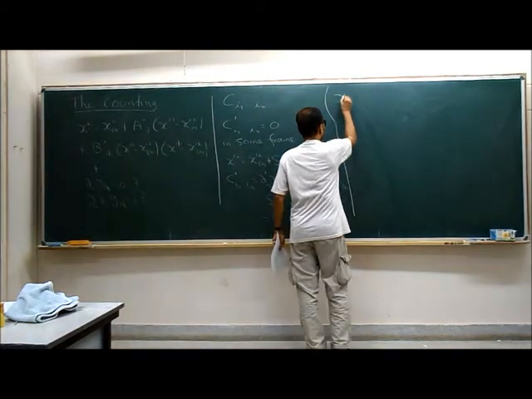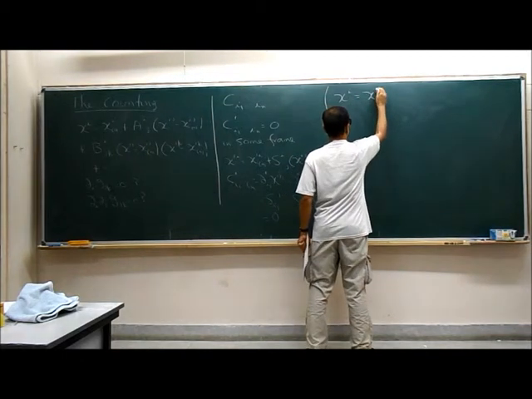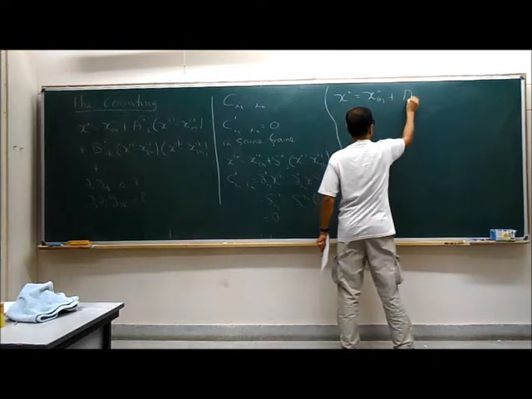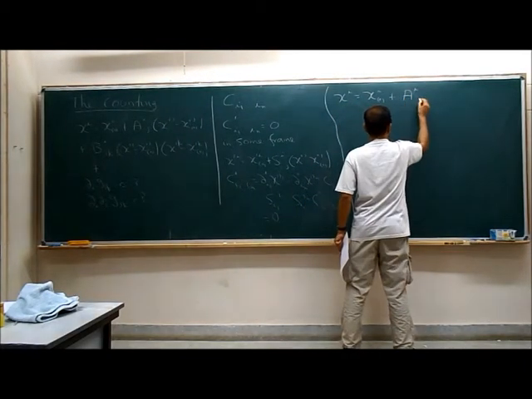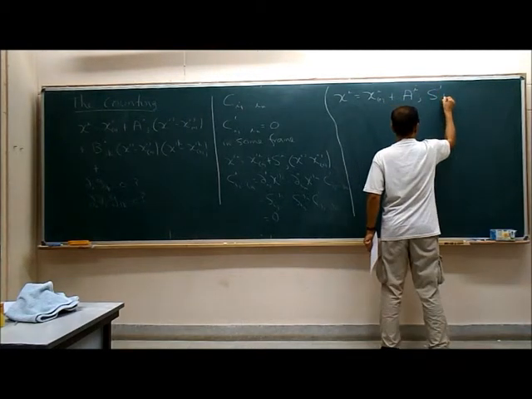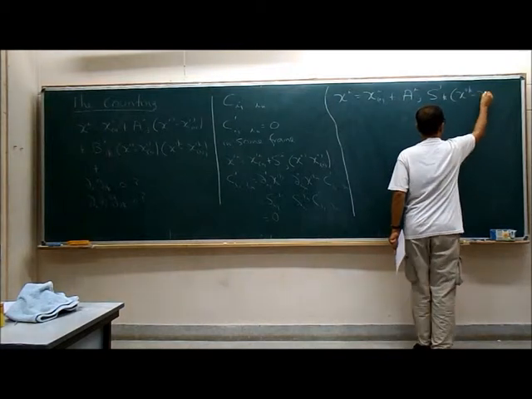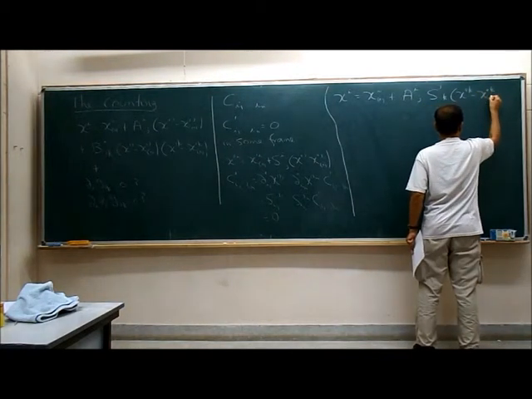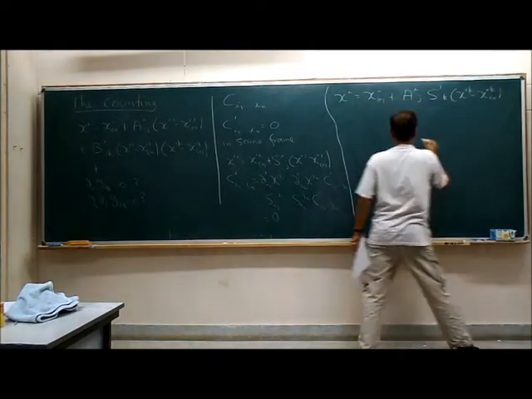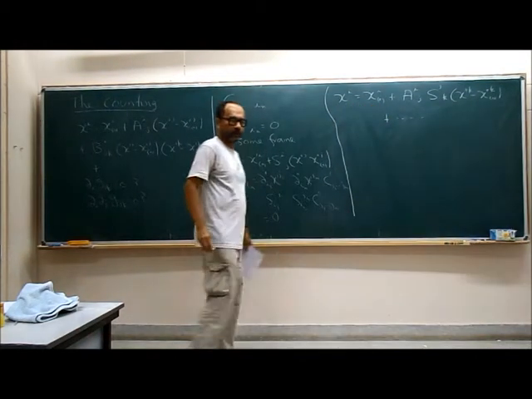So the relationship between xi and x double prime will have the following form: xi naught plus a_ij s_jk plus higher order terms, which we should not worry about right now.